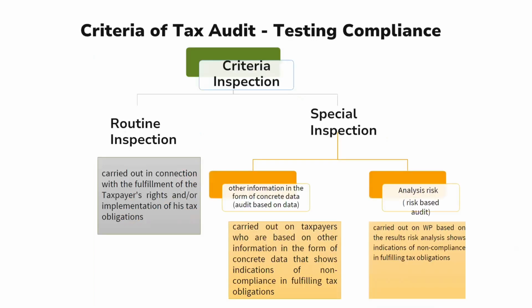The next is the criteria of inspection for testing compliance. So there are two criteria. First is routine inspection and second is special inspection. The routine inspection is carried out in connection with the fulfillment of the taxpayer's rights and or implementation of tax obligations. And then special inspection is carried out when there is other information in the form of concrete data, or audit based on risk analysis.